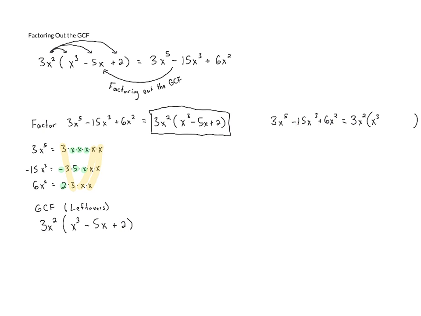Then, because it's a subtraction, we're going to have minus. Now, if we take 15x cubed and pull out a 3x squared, 15 divided by 3 leaves us with 5, and x cubed divided by x squared leaves us with a single factor of x. And then plus 6x squared divided by 3x squared just leaves us with 2.